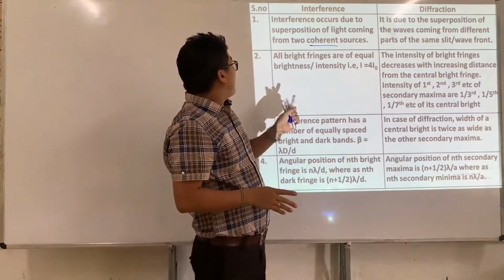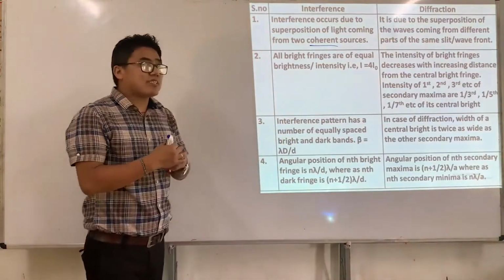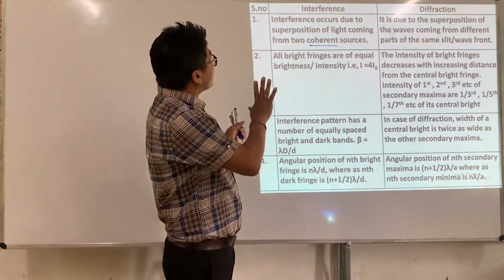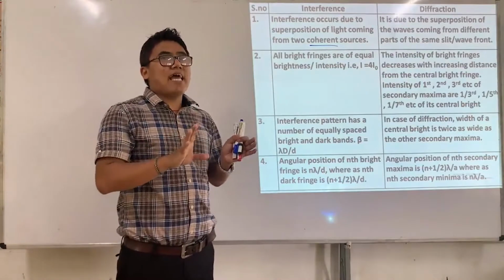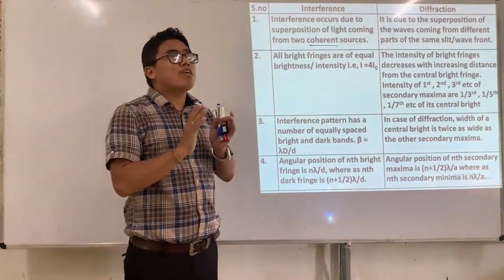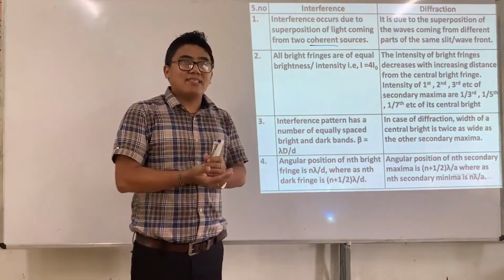As far as the second difference is concerned, in case of interference, the central bright fringe and all other bright fringes are of equal brightness.